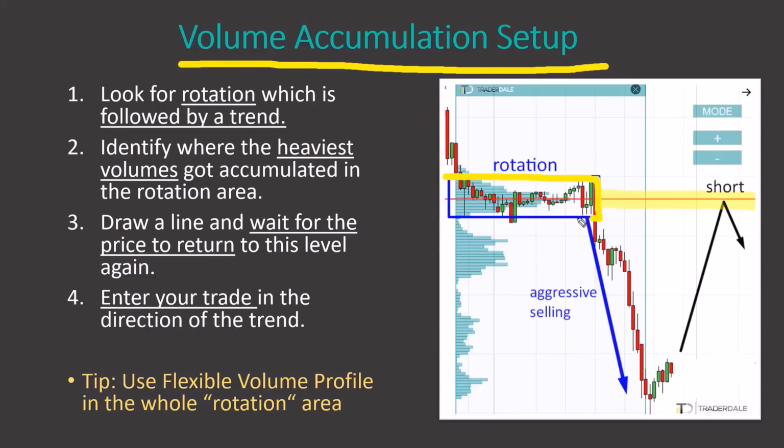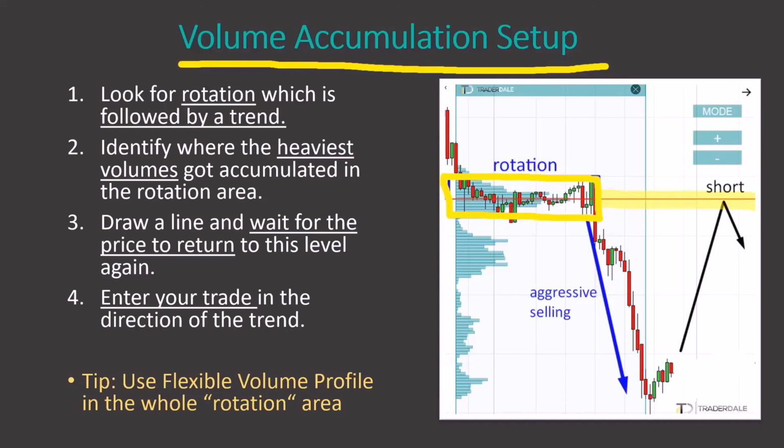They want to hide their action and their intentions, right? So they do it when there is a rotation. When there is a rotation, they can slowly and unnoticed place their orders. And when they are done with that, they manipulate the price into a trend.